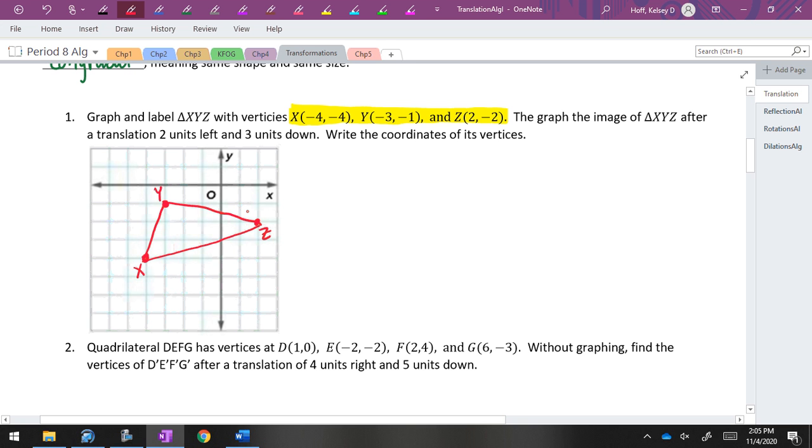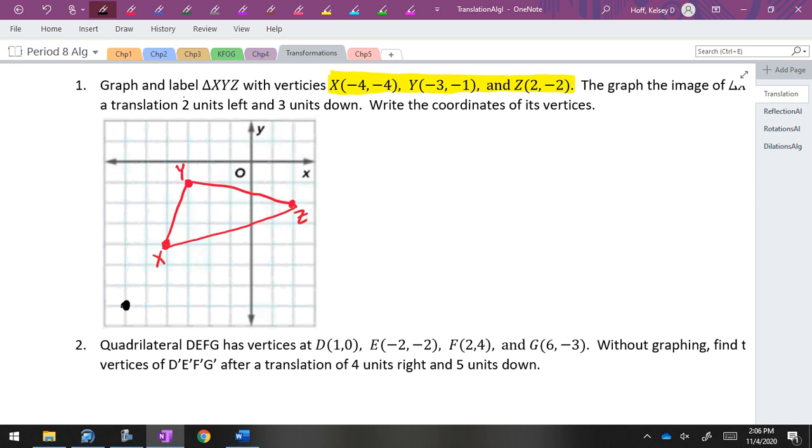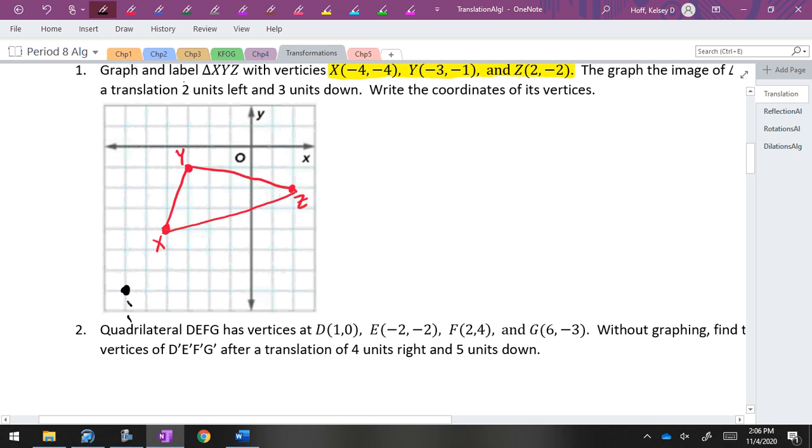Now it says translate 2 left and 3 down. So put your pencil on X. Find A and then you can do that. Go 2 left and 3 down. Put a dot. What do I label that point? It's not a 1, but it's a little tick mark. It's called prime notation. X prime.